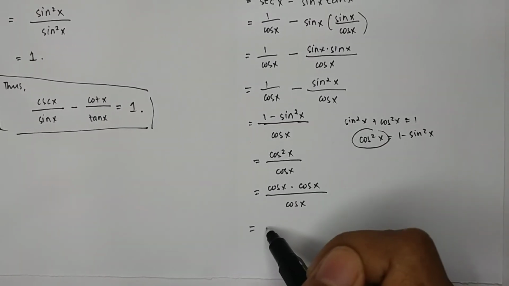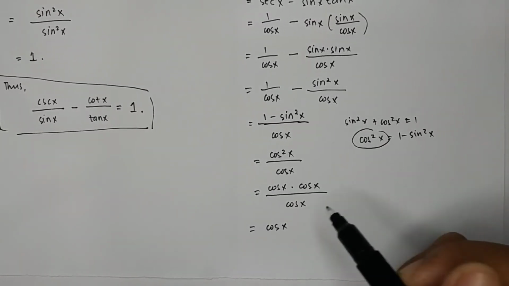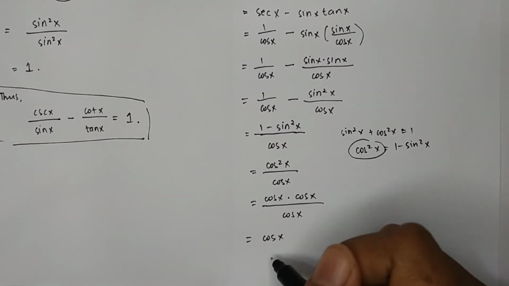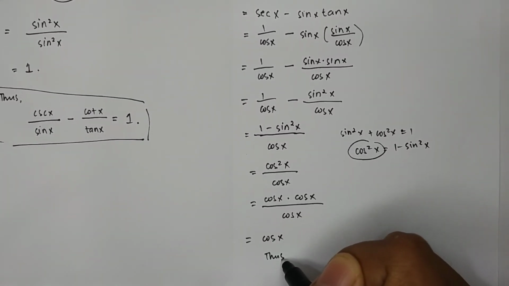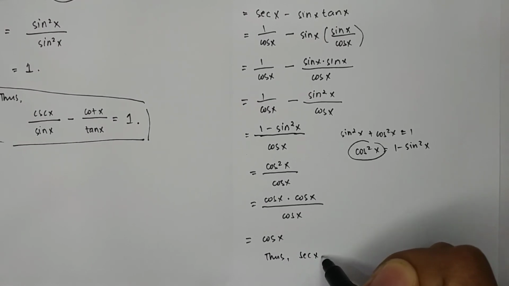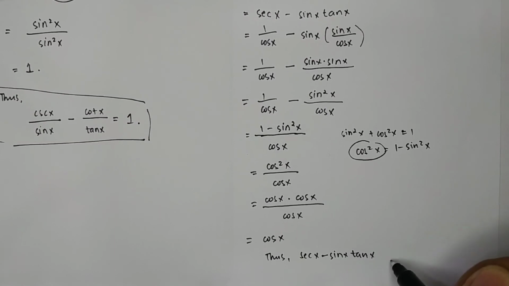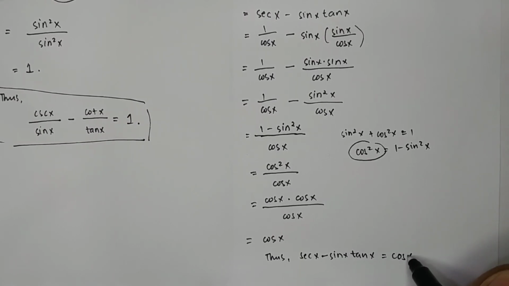So we have cosine x. Thus, our final answer: secant x minus sine x tangent x is equal to cosine x.